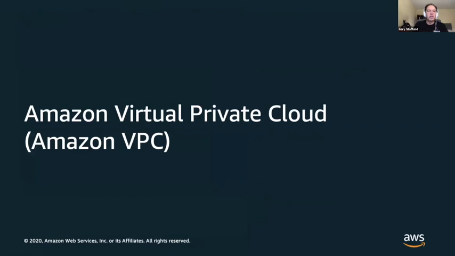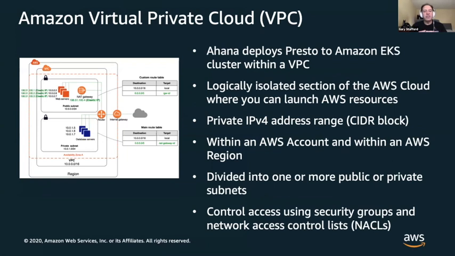I mentioned the Amazon Virtual Private Cloud, or VPC. That is the logical construct, or the isolated section of the AWS cloud, in which the EKS cluster runs. And on the EKS cluster is where Presto is running, which Ahana has installed as part of the Ahana Cloud solution. So it's a private block of IPv4 addresses. It's within your account and within a particular region.